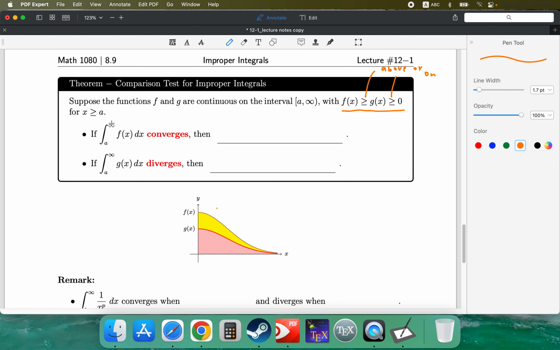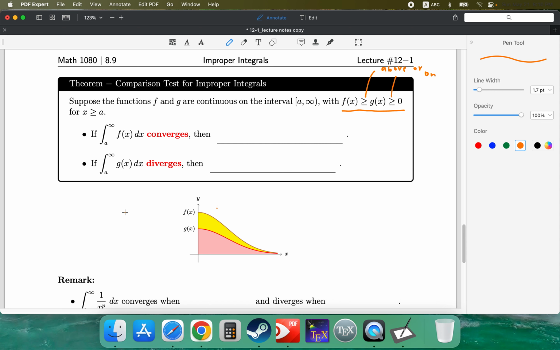So notice that the integral of f from a to infinity describes the area under the curve from a to infinity. Because we say that the area under the curve is the integral of f from a to b, right?